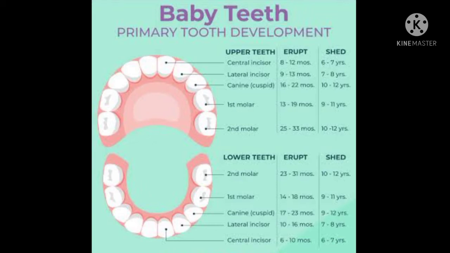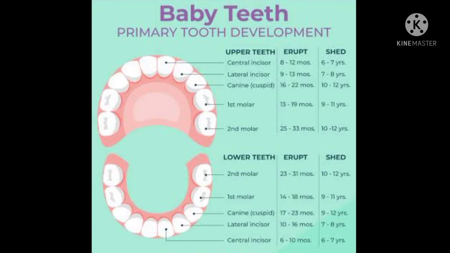The first set of teeth erupts at 8 to 12 months, and sheds off at 6 to 7 years. Then the lateral incisors erupt at 9 to 13 months, and shed off at 7 to 8 years.